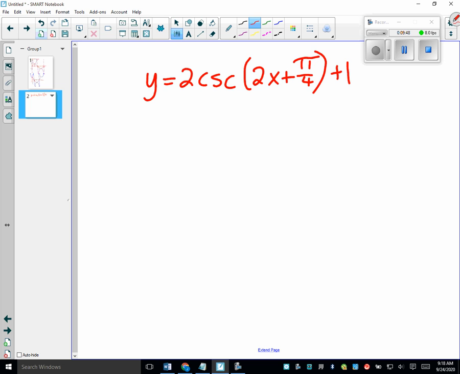Now, this is not going to be extremely hard to graph. One of the hardest things is going to be putting it in your calculator correctly.